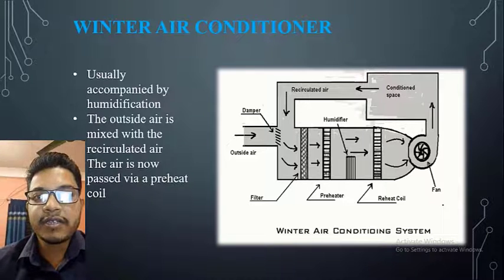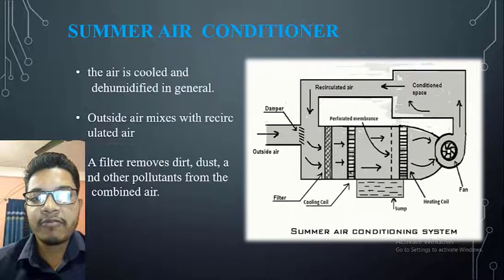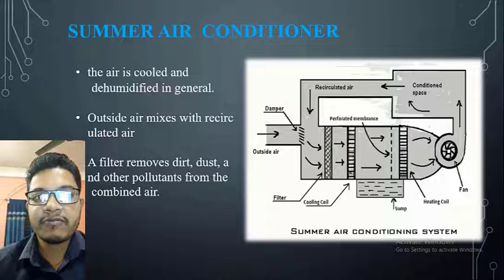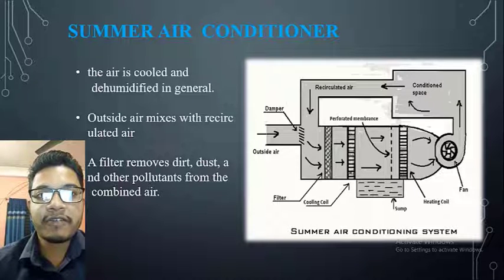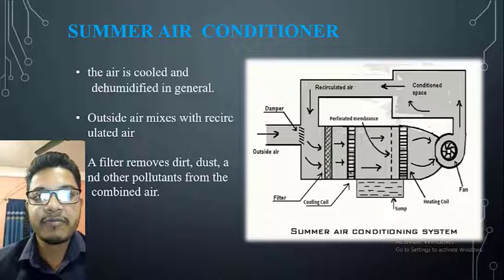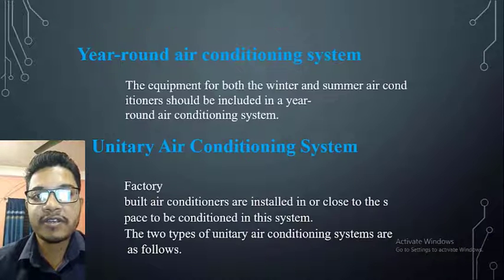Winter air conditioning system: the air is heated in the winter air conditioning system, which is usually accompanied by a humidifier. The outside air is mixed with the recycled air passing through a damper, which is obtained from the conditioned space, after removing dirt, dust and other pollution from the combined air.